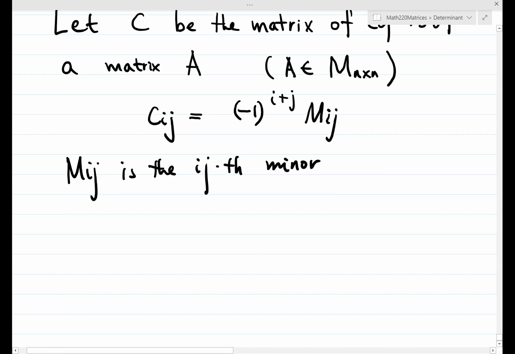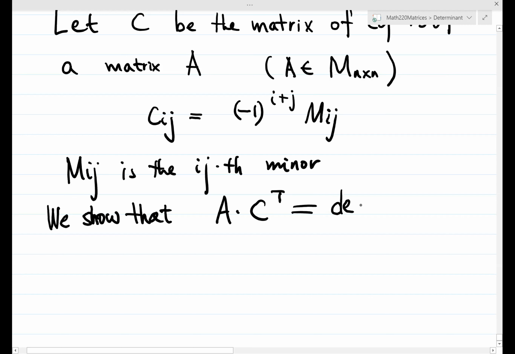We show that A times C transpose is the determinant of A times the identity matrix.